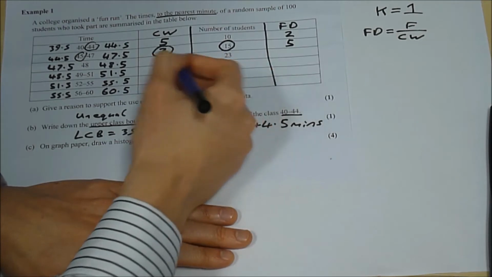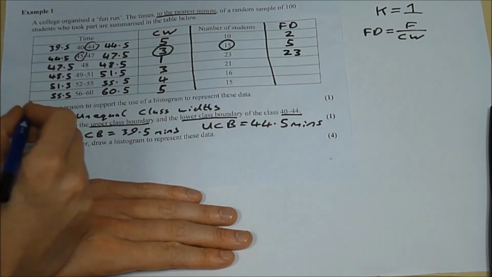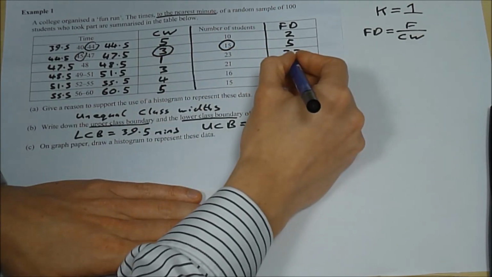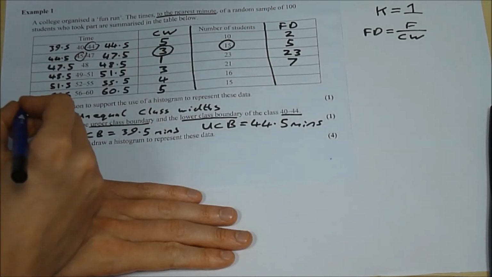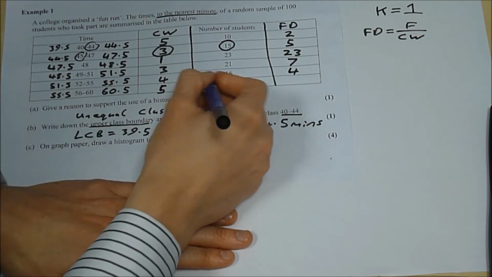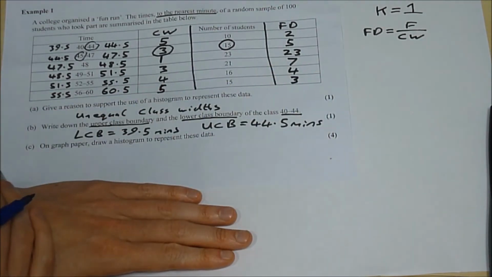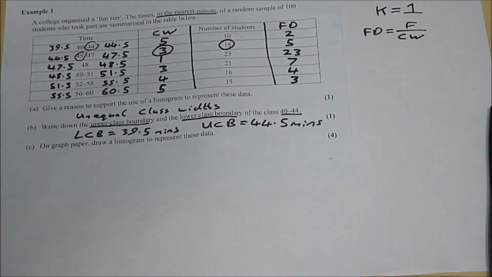Then 23 divided by 1 giving me 23, and 21 divided by 3 giving me 7. 16 divided by 4 gives me a frequency density of 4, and 15 divided by 5 gives me a frequency density of 3. I have all the information I need to draw a histogram.